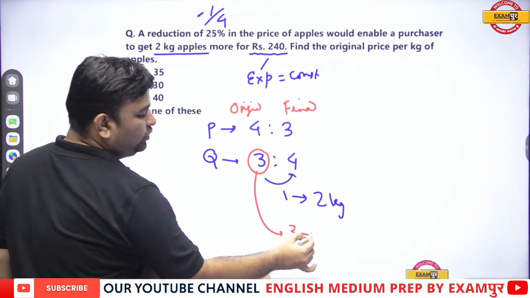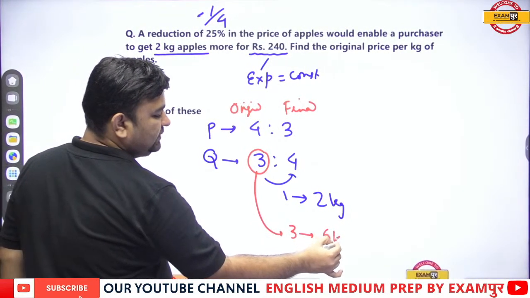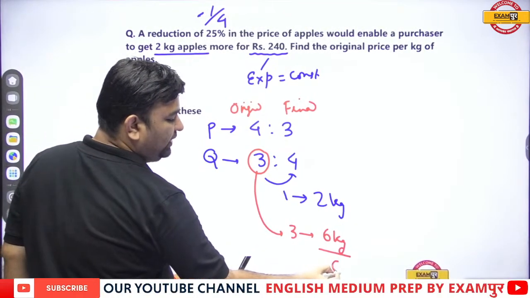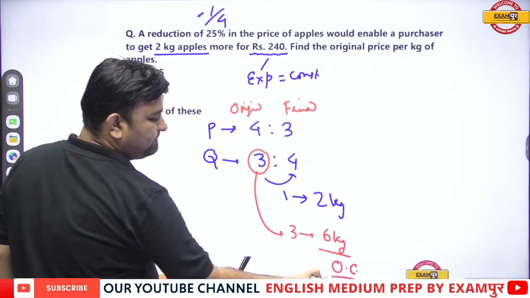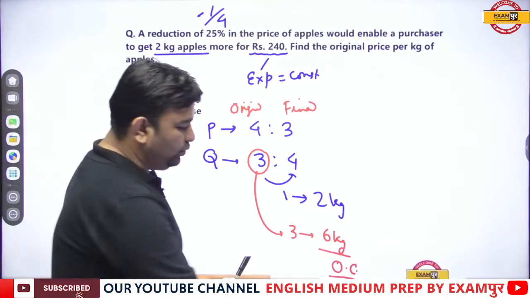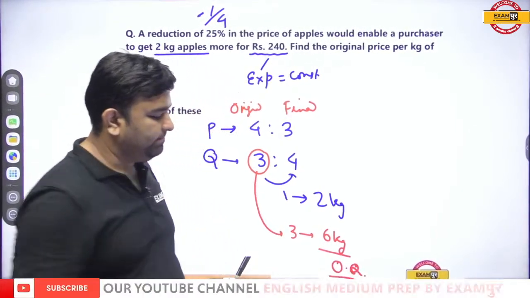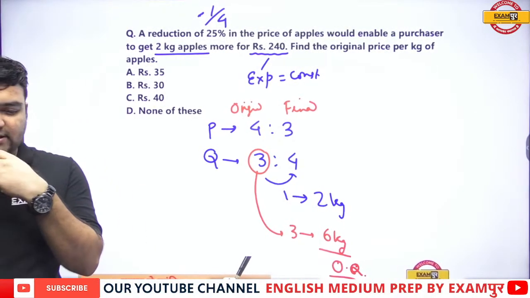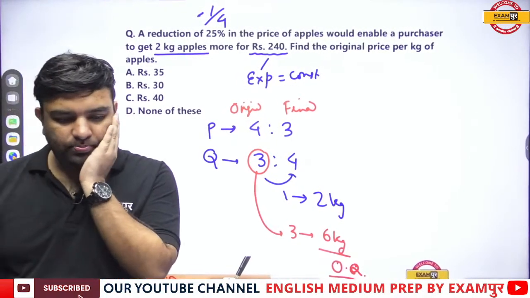So 1 is equal to 2, then 3 is equal to 6 kg. So this 6 kg is my original quantity, OQ.